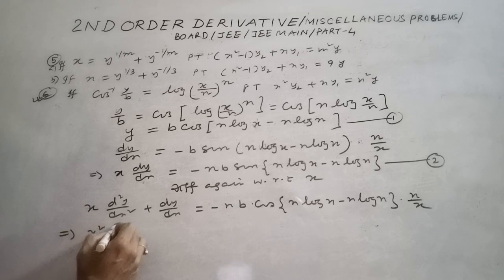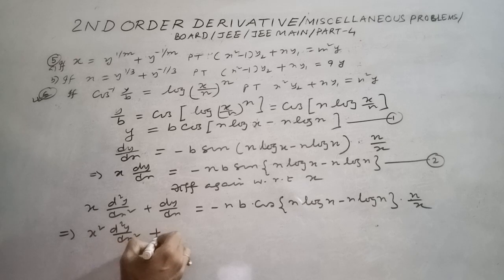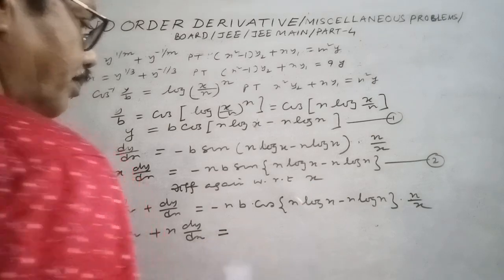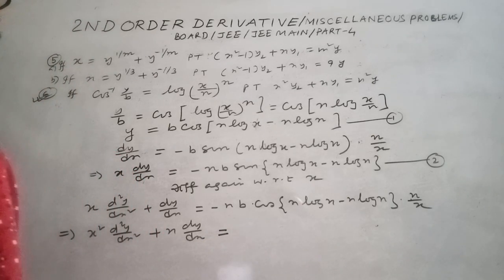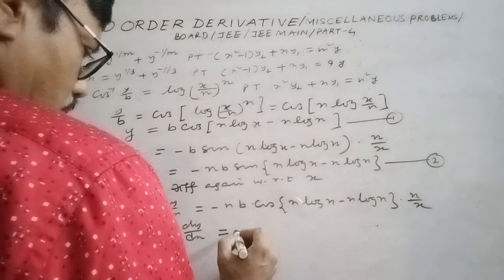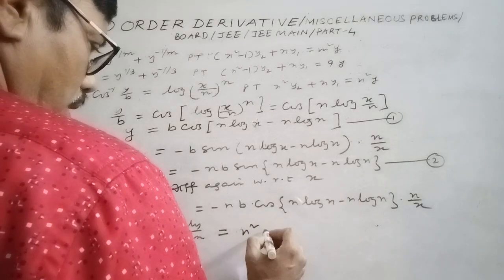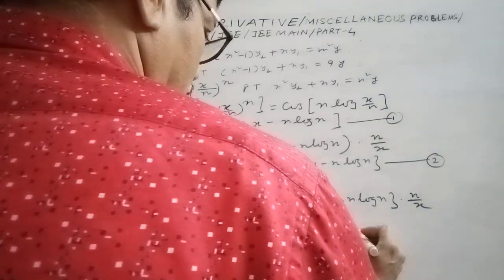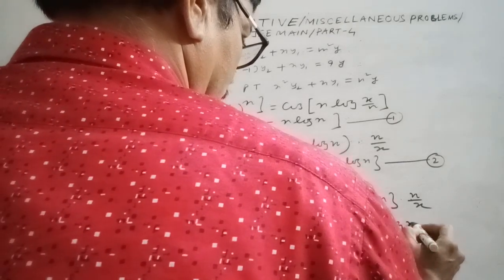So x square d2y by dx2 plus x dy by dx equals minus n square into b cos of (n log x minus n log n).